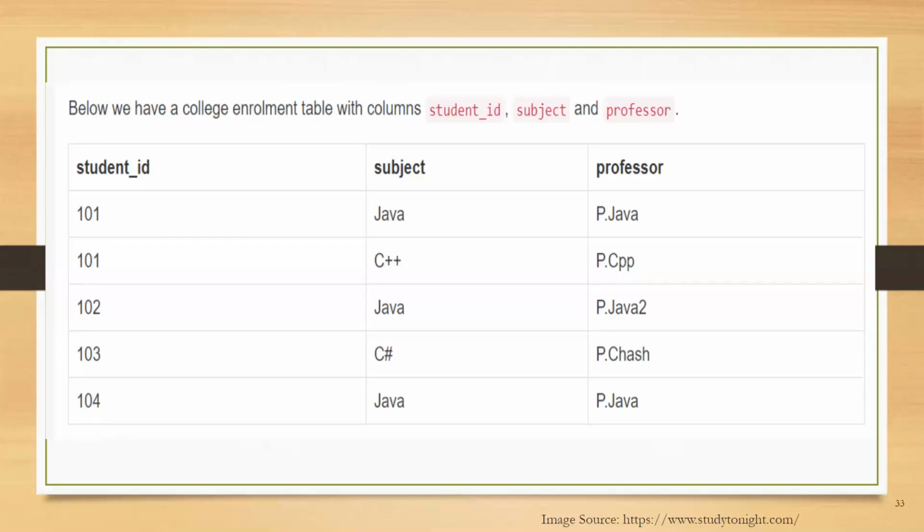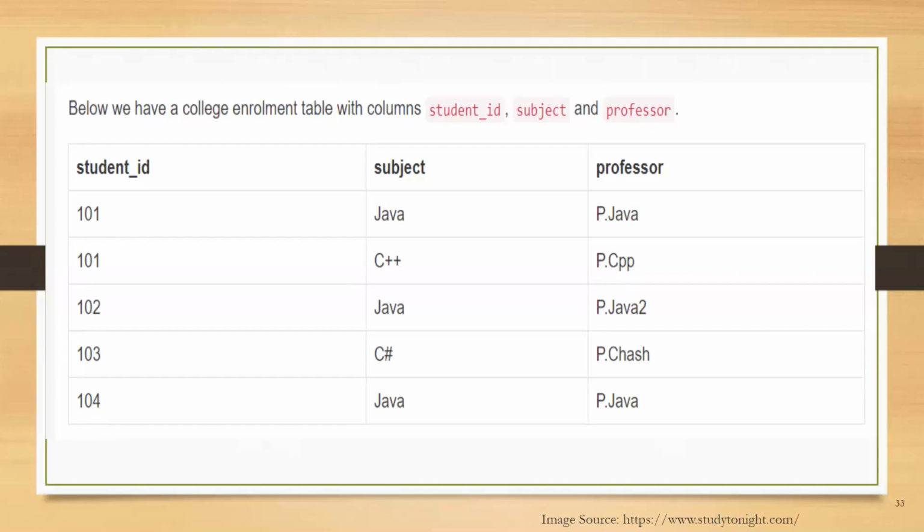But this table doesn't satisfy the Boyce-Codd normal form, that is BCNF. Why? In the above table, student ID and subject form the primary key, but there is one more dependency. Your professor is dependent on subject, while the subject is a prime attribute. So the professor is a non-prime attribute, which is not allowed in BCNF.